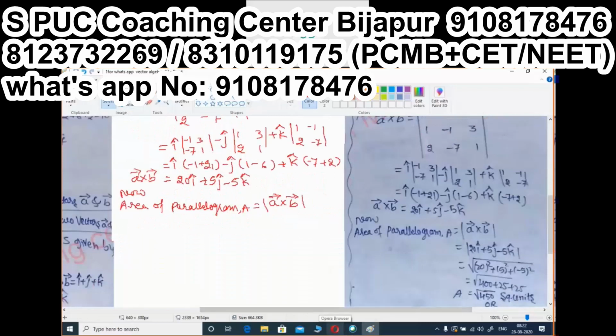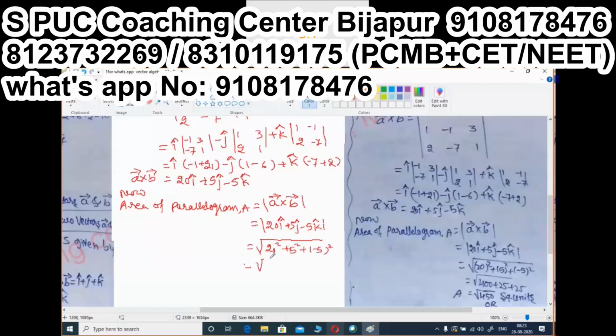Here A cross B is a vector, you obtained it as 20 i cap plus 5 j cap minus 5 k cap. So find out its modulus. So the modulus of this is root of 20 square, yes Sanketa, plus 5 square plus minus 5 square, bracket.